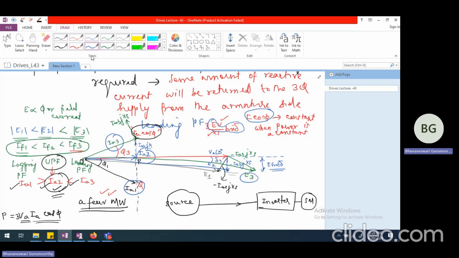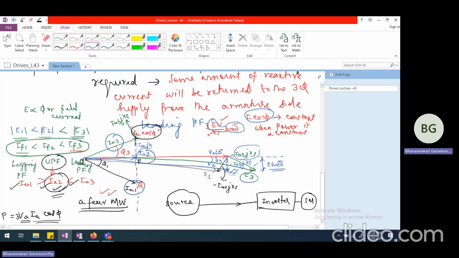Under unity power factor condition, this blue color vector corresponds to I_a j X_s. And this green color vector corresponds to I_a3 j X_s, which is the leading power factor condition.